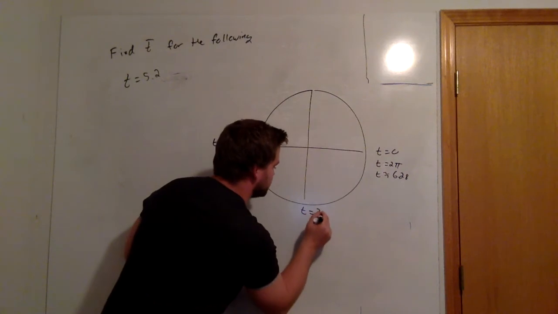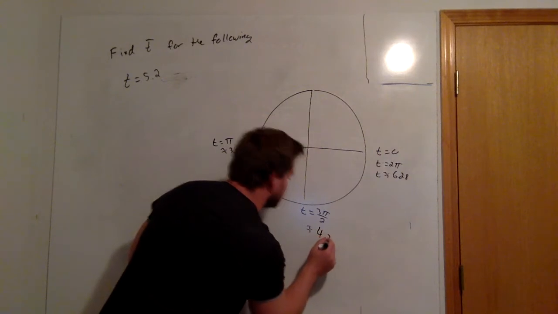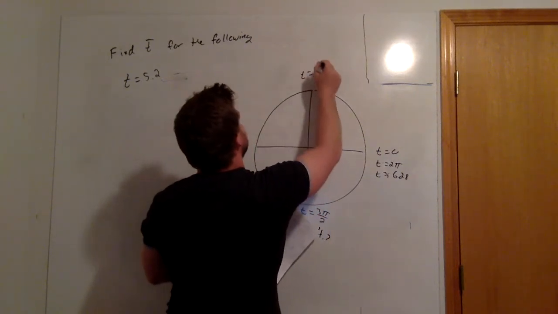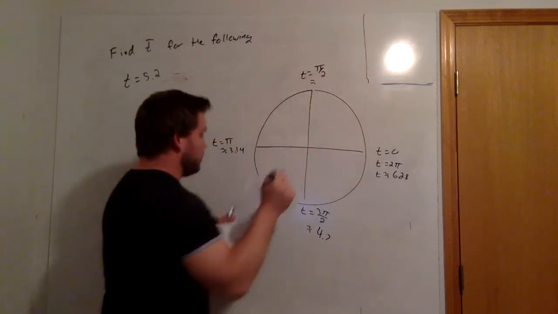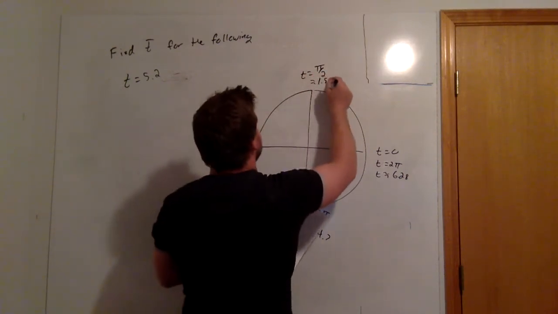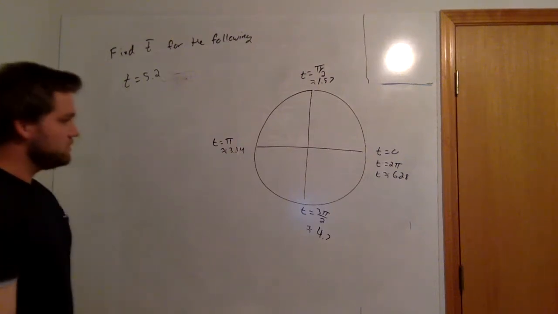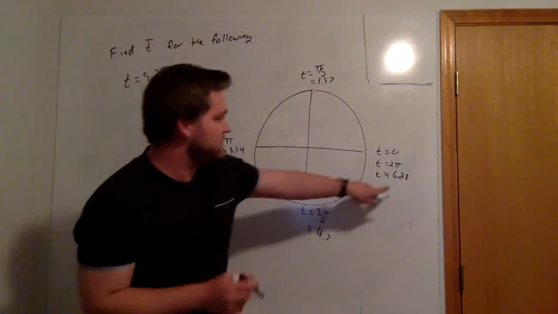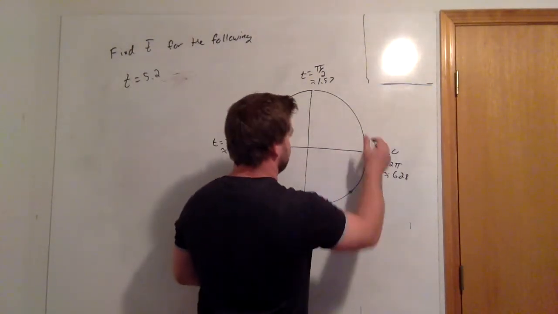Here t was 3 pi over 2, approximately 4.7. Here t is pi over 2, roughly 1.57. So let's figure out where we are. 5.2 units is between 4.7 and 6.28, so we're somewhere in quadrant 4. Let's just say we're right here.